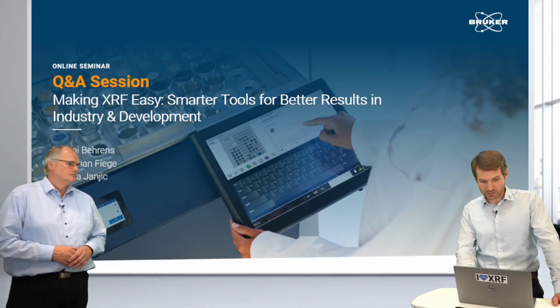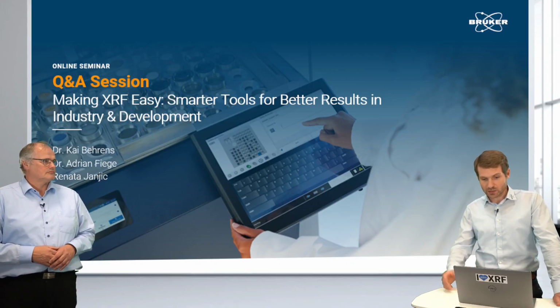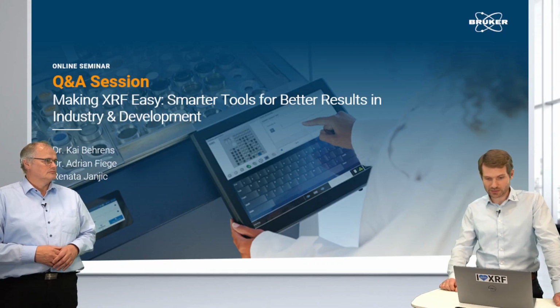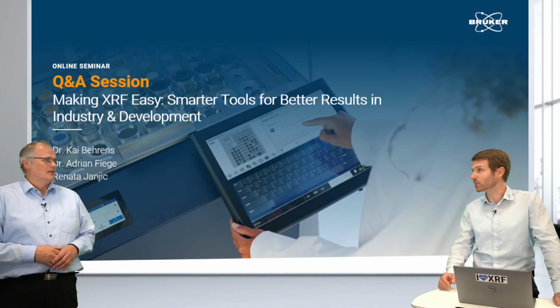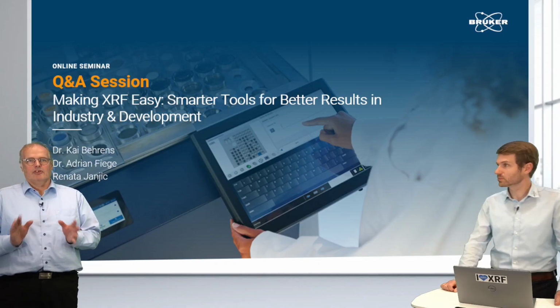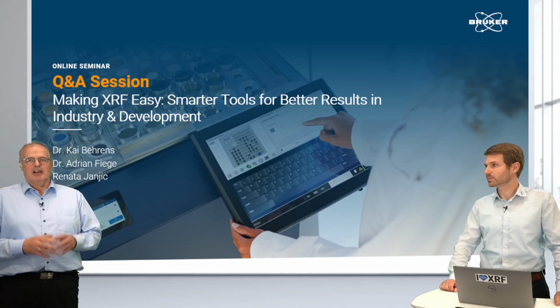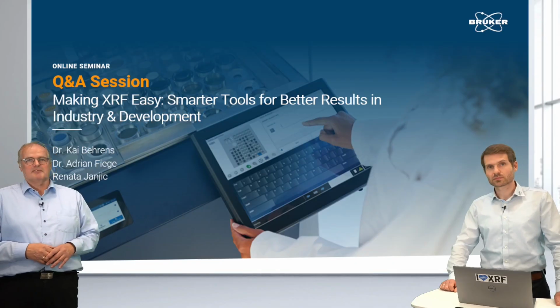Okay, thank you, Kai. So we are running a little bit out of time, so maybe 2 more questions here. We are a commercial service lab analyzing different ore and concentrates. Would the MEC, so this multi-channel, help us, for example, for nickel ore? Yeah, I mean, for a commercial lab, this is really a cool device. And we have seen that we typically can save something in the range of 30–40% measurement times for nickel ores.